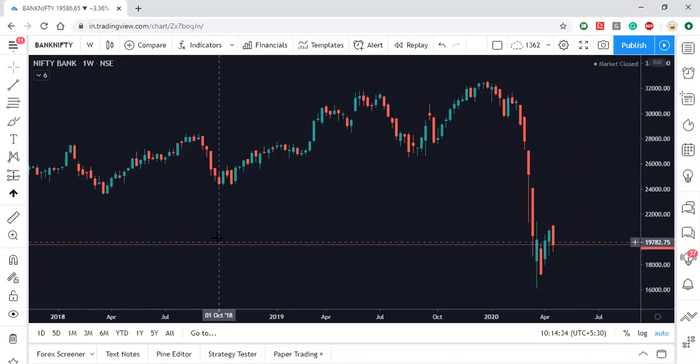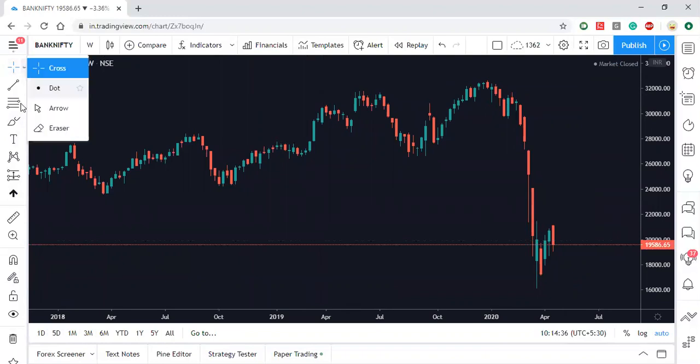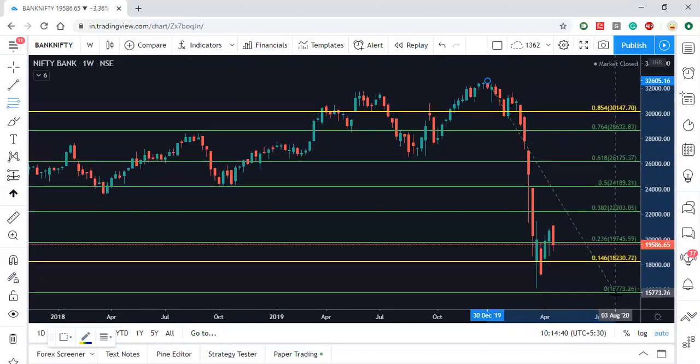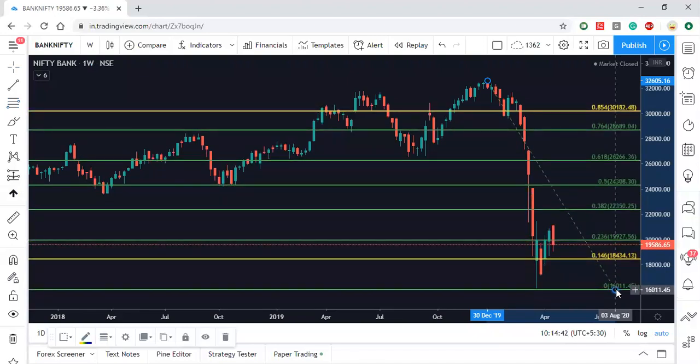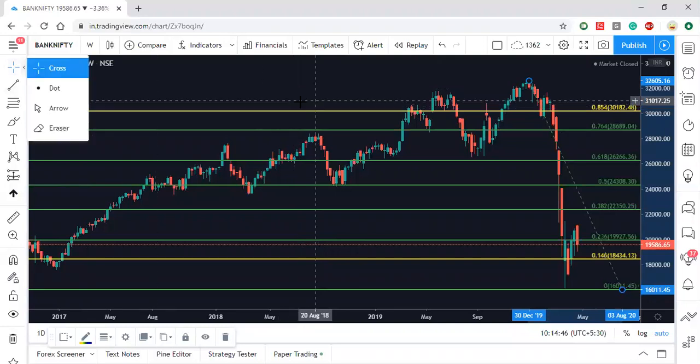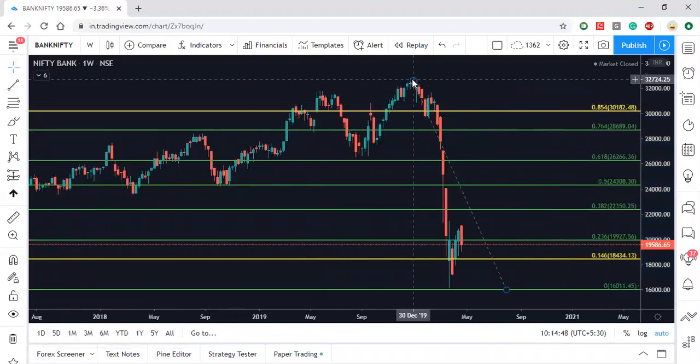Now, if you see Bank Nifty, the fall has been sharp. At the same time, here we do have a candlestick confirmation on the downward side. We can see that the market has done a retracement of only 23.6%, which shows that it's a very, very weak market.